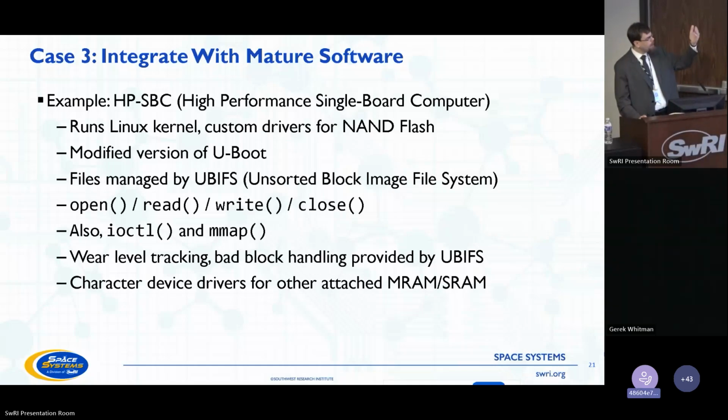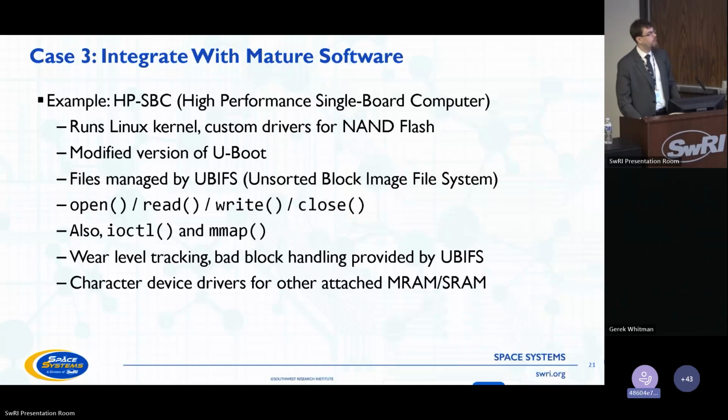And so by writing a few device drivers that would marry our NAND flash to the Linux kernel, we were able to provide an interface to this NAND flash in normal POSIX operations: read, write, open, close. And UBIFS was kind enough to provide its own bad block handling and wear level tracking.